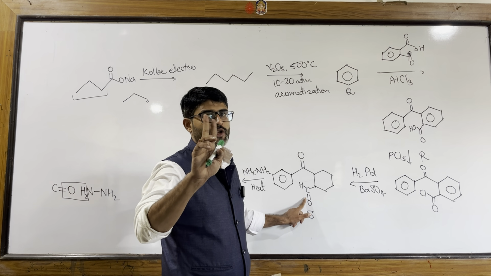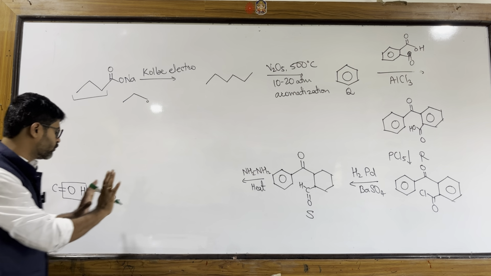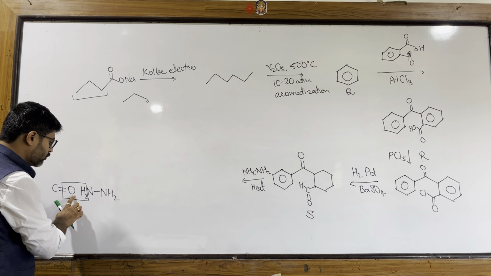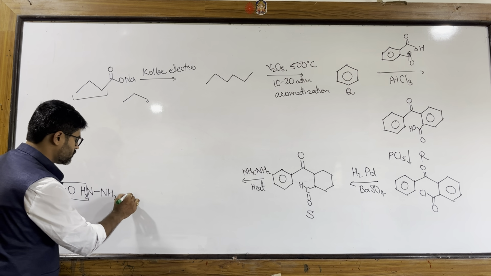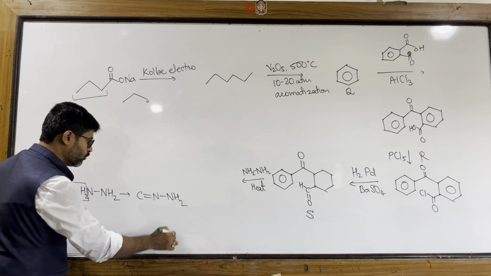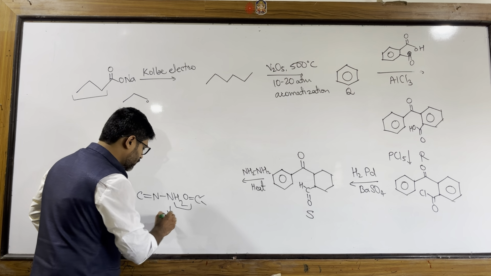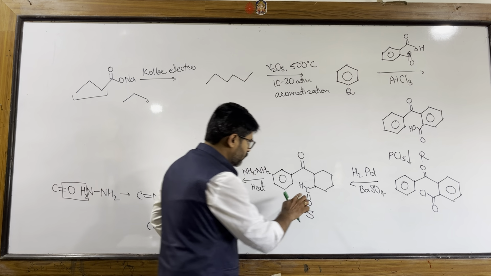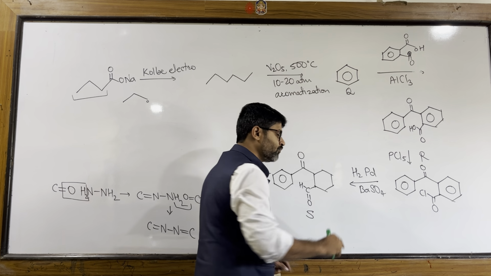So it has two carbonyl groups and we have two NH2 groups on the hydrazine. The carbonyl group of an aldehyde or ketone reacts with hydrazine to give a hydrazone, so the product will be C double bond N and NH2. Next it will react with another C double bond O group, so the product will be C double bond N single bond N double bond C. One is the aldehyde group, and the other is the carbonyl group of the ketone.